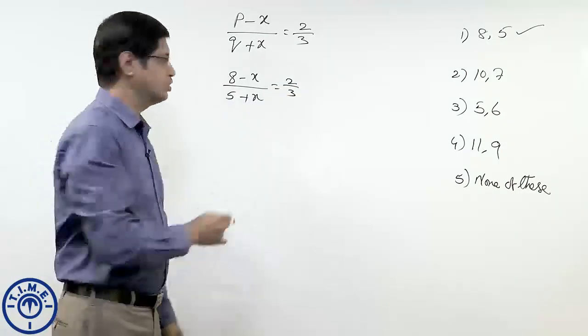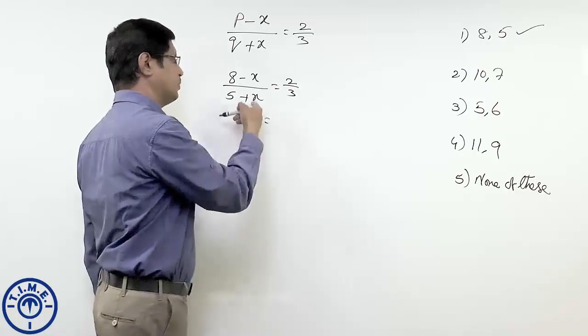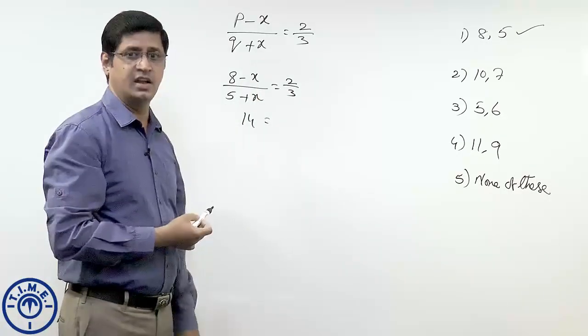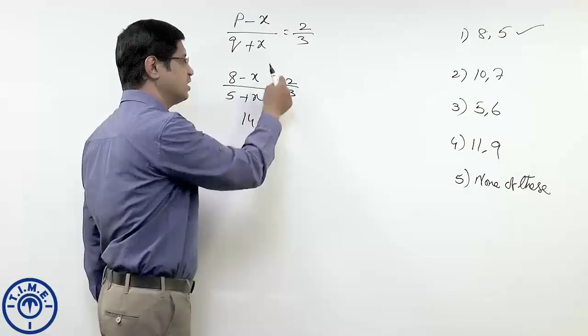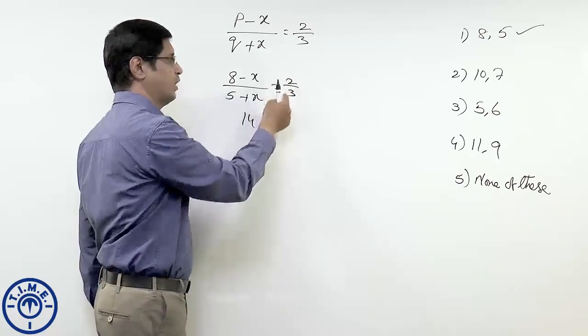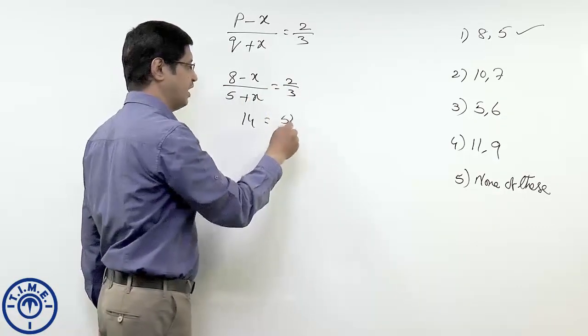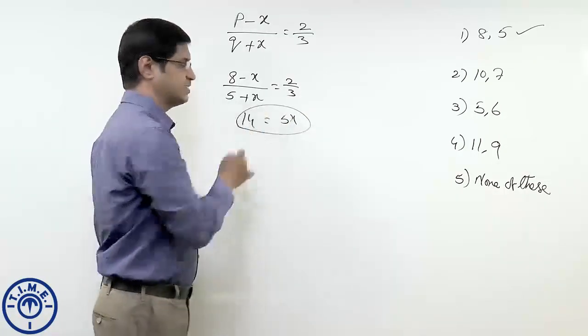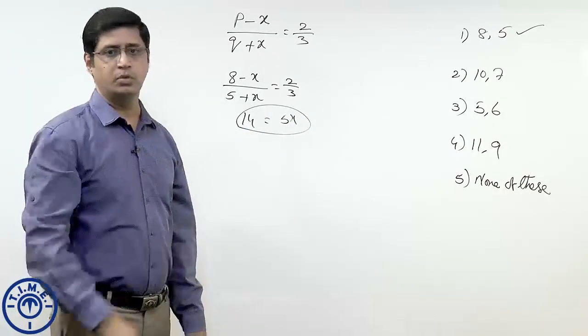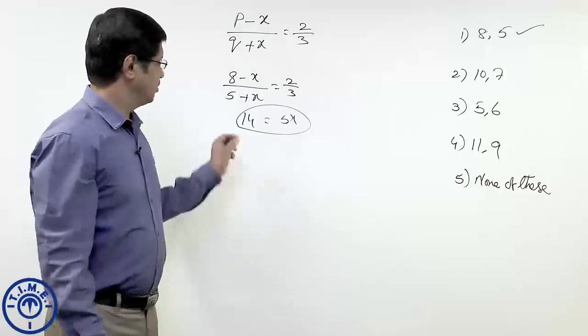The difference of these two is 14. Now, the same number is subtracted and added on either side, hence we need to add the given ratios. The sum of the ratios is 5, so 5 times x, it is 5x. Simplify, you will get x as 14 by 5. 14 by 5 is not an integer, it is a fraction.